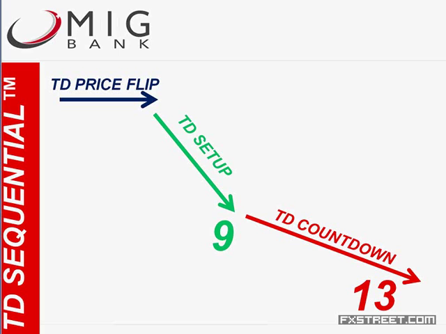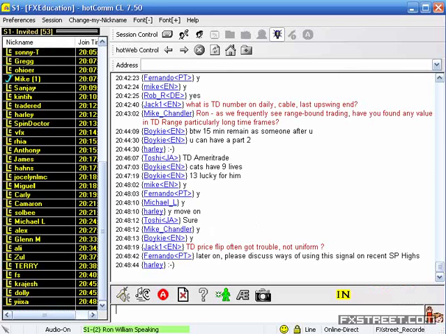In the countdown stage, we are looking at non-consecutive price closes. Just keep that in mind for now. In the TD setup, we're looking at consecutive price closes, so the algorithm must take place day 1, 2, 3, 4, 5, 6, 7, 8, 9. And the TD countdown stage is non-consecutive, so it's more of a looser calculation in terms of the comparisons of price closes.